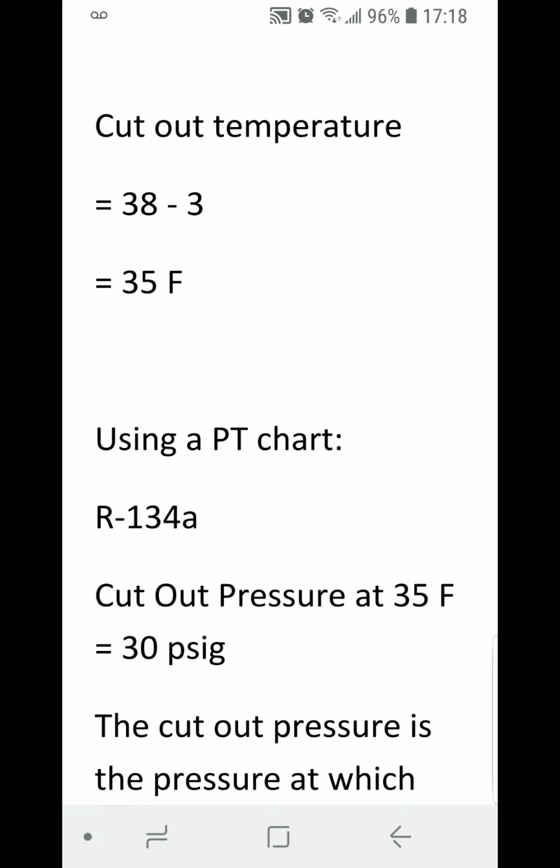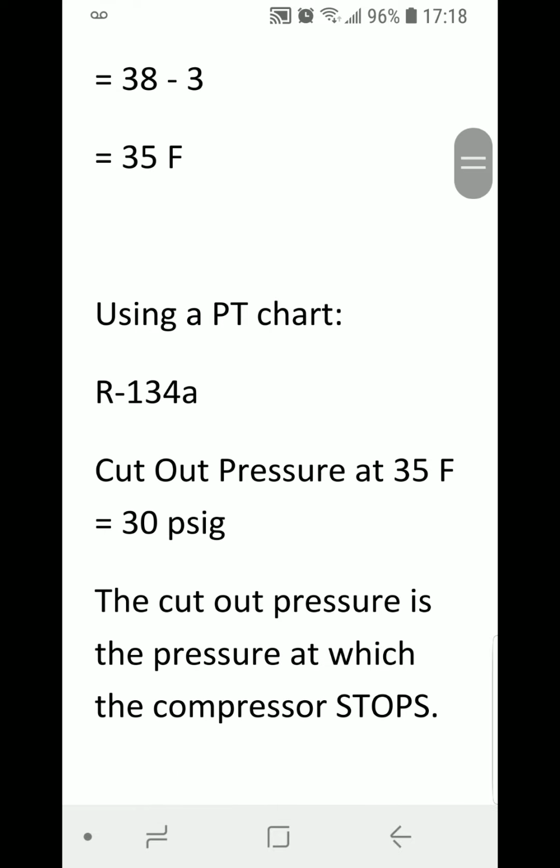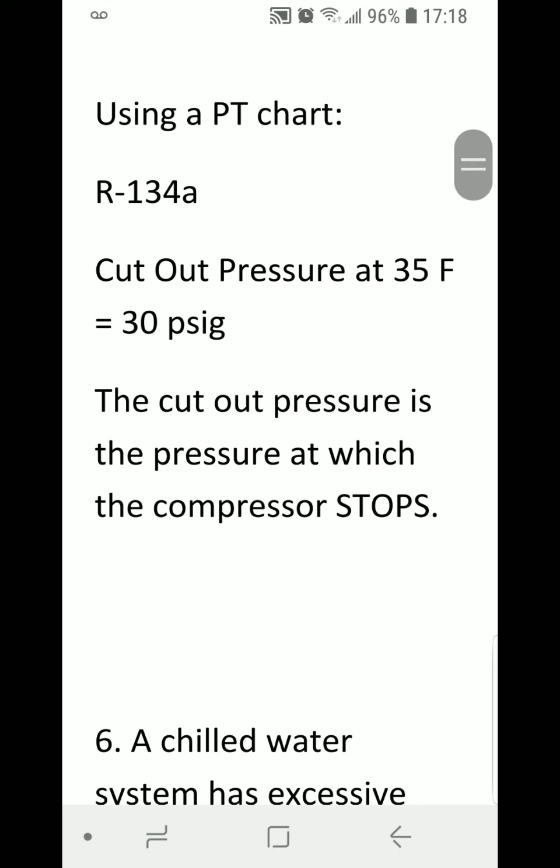So that's the cutout temperature. And then using a pressure temperature chart, PT chart, and looking at R134A, we find out that the cutout pressure at 35 Fahrenheit is equal to 30 psig. And the cutout pressure is the pressure at which the compressor stops.